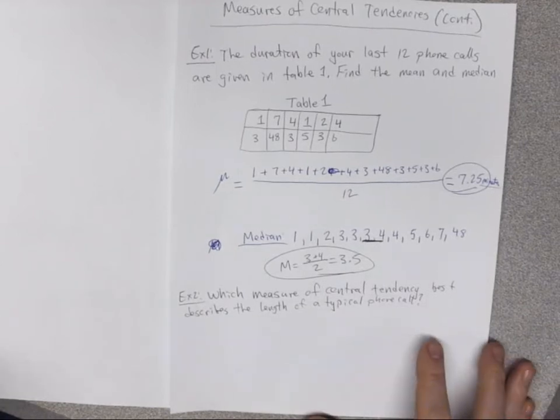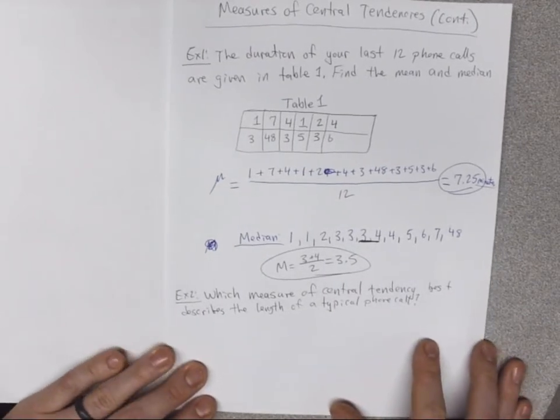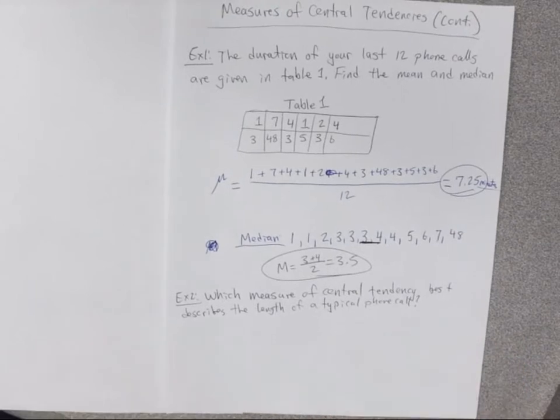All right, this is where the relationship between the mean and the median are going to come into play. And off the bat, you may not be able to tell.